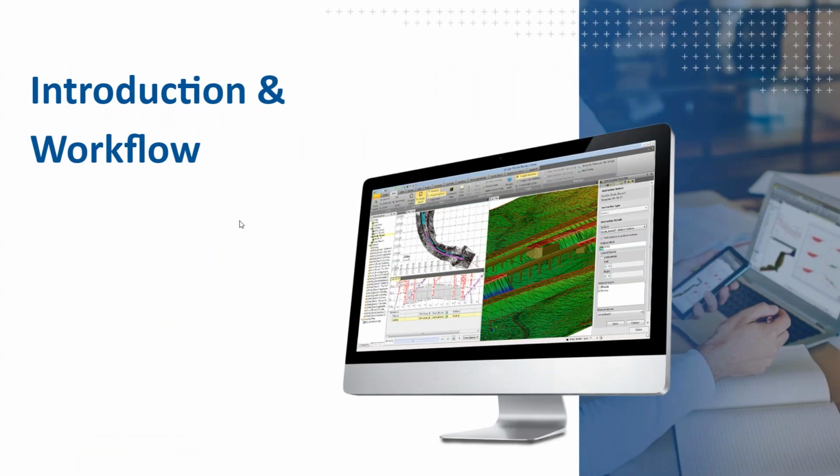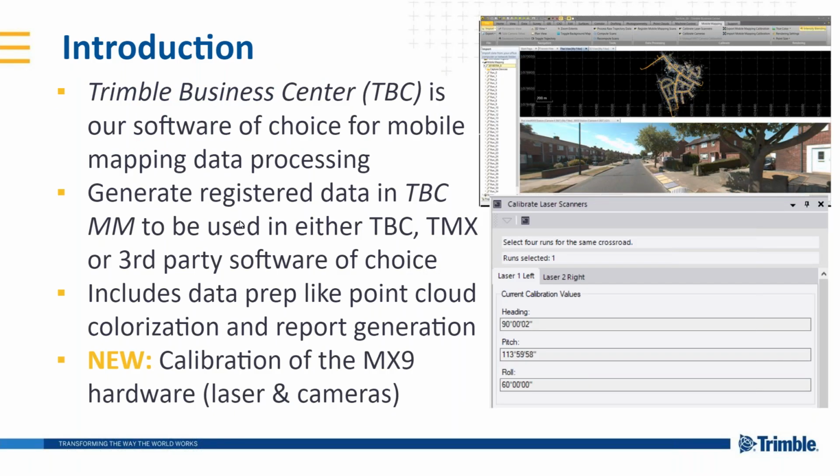Introduction and workflow. To start with, Trimble Business Center, or TBC, is our software of choice for mobile mapping data. That's where you process all the data and prepare the mobile mapping data to be used somewhere else, whether it's inside of TBC, which is our big survey software platform, or whether you go to our product that is more geared towards GIS deliverables, which is called Trimble MX, or any third-party software of your choice that you might want to use for mobile mapping data.